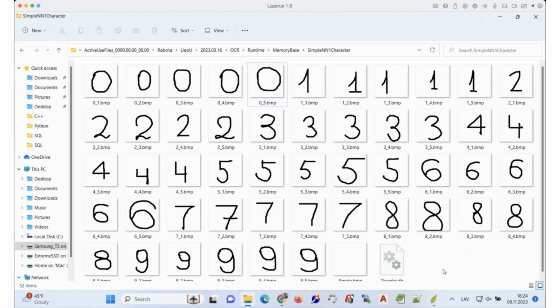When I loaded these images and trained the network using the backward propagation method, I literally said that the expected result for this picture is, for example, 5. And if the network gives me something different, I'm just telling the neural network, well, you gave me an incorrect result, let's reteach you. And for small neural networks, it happens very, very fast.